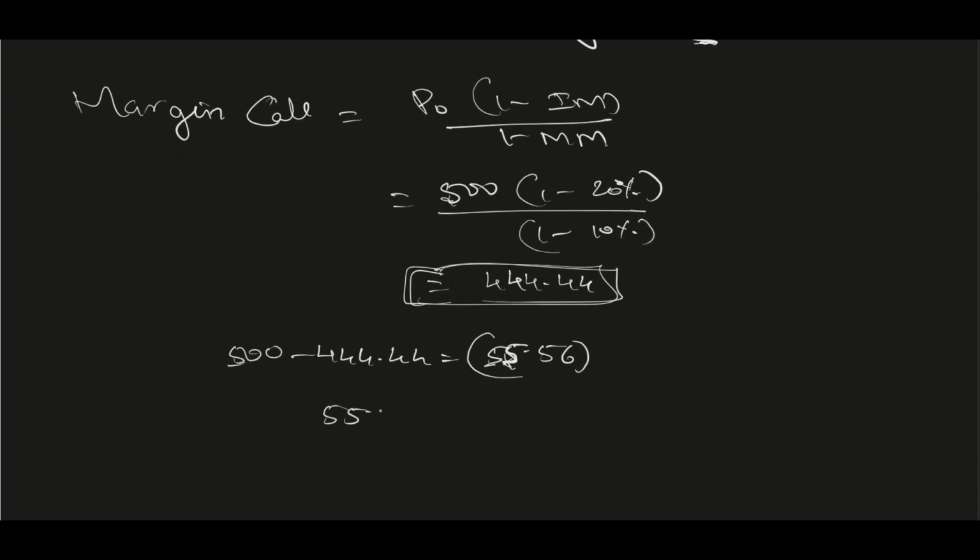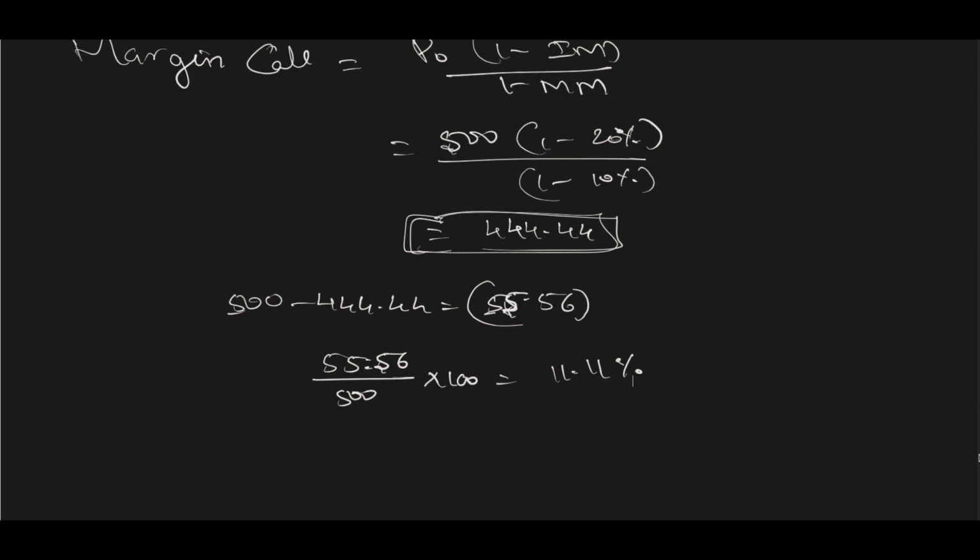What percentage is this? 55.56 divided by 500 into 100 comes to 11.11 percentage. So you entered the contract with 20 percentage, minus 11.11 percentage comes to almost 9 percentage, 8.89 percentage to be exact.